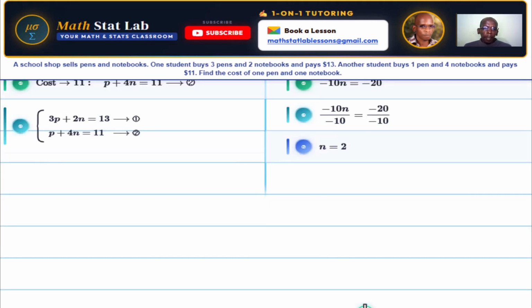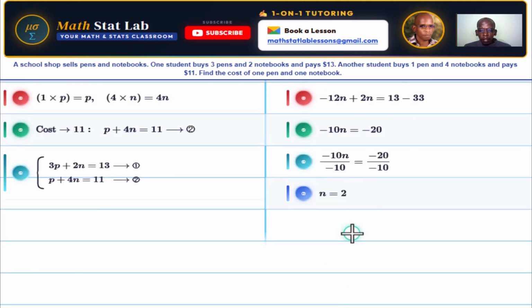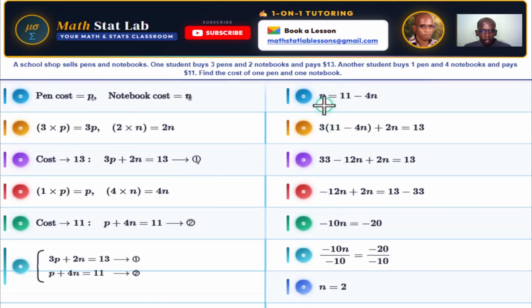From there, we have got the cost of one notebook as $2. But we also need the cost of one pen. So you see, we said P from this step here was equal to 11 minus 4N. But now we have N is 2.